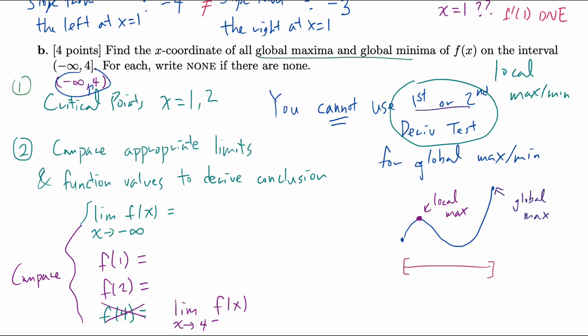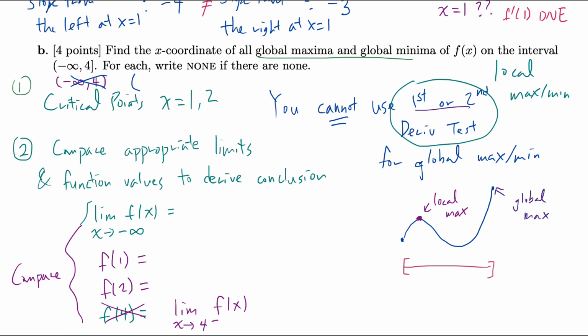All of those are in the interval, so you can approach 4 from values less than 4. If I change the interval to, say, 4 to infinity, where I'm not including 4, then what you want to look at is the limit as x approaches 4 from the right of f of x, because now you have access to things like 4.1, 4.01, 4.001, so you can approach 4 from the right. So depending on what interval you have, the things you're going to look at are different.